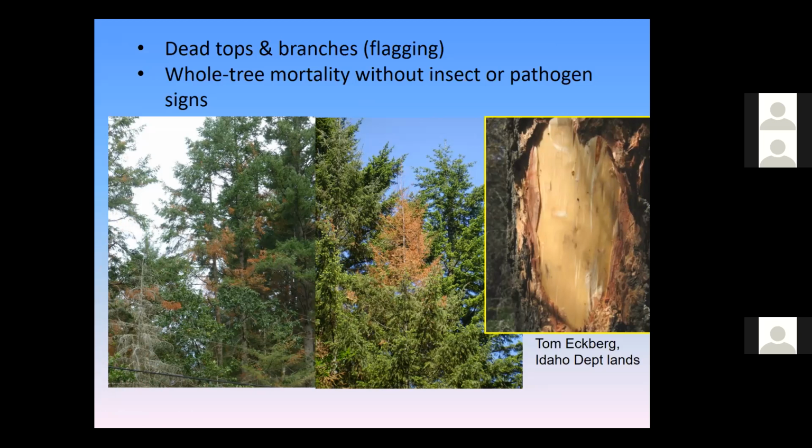And so that can be a clue that the tree has died from something like drought or flooding that has killed the roots or tissues, and the insects didn't really have time to respond, or they actually didn't find that tree attractive because it was just too dry.